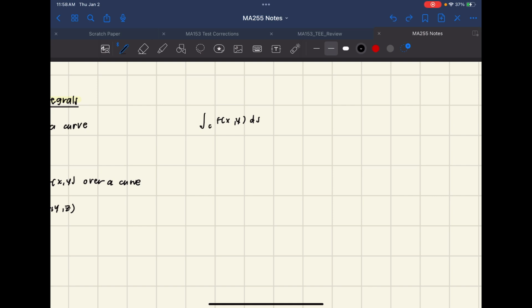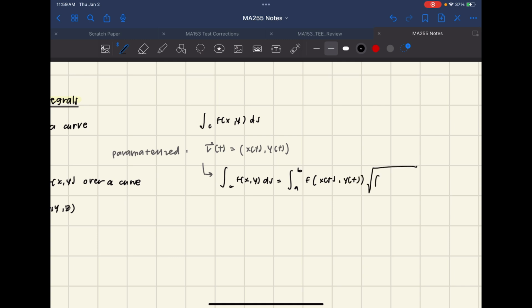If the curve is parameterized as this, then the formula becomes this.